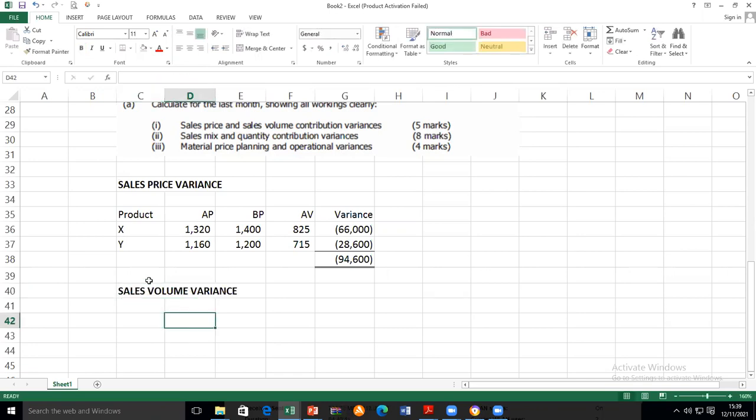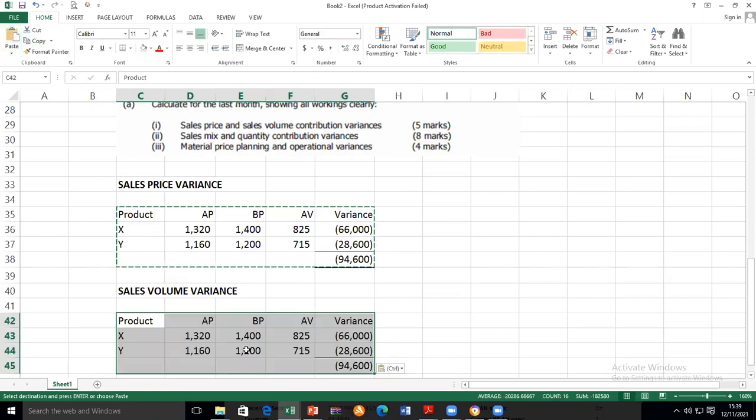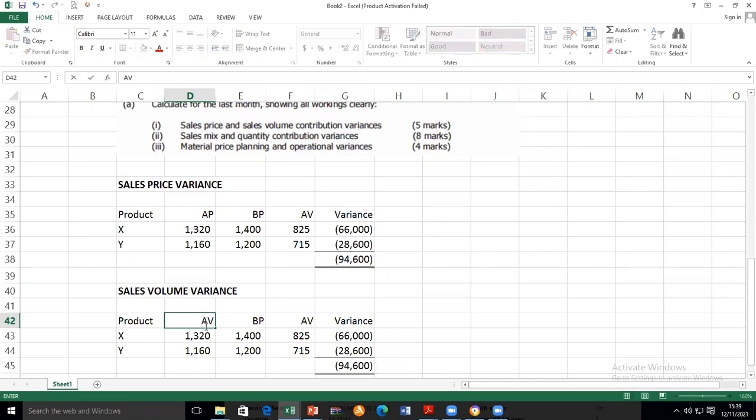So, the formula: budget contribution. Let's put in the actual volume. What is the budget on top here?